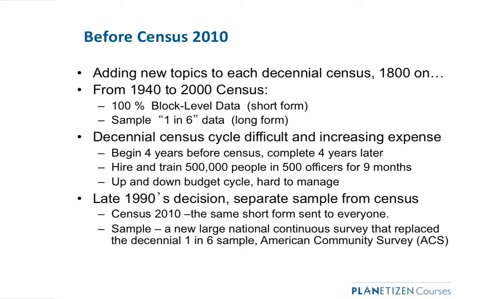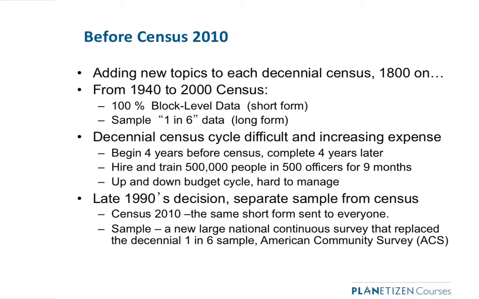So the decision was made in the late 1990s to separate the sample data from the census. And this was first tried out in Census 2010. In Census 2010, the only form sent out was the short form. That was it. In the meantime, operating in the background separately was a new, large, national continuous survey that replaced the decennial sample form.